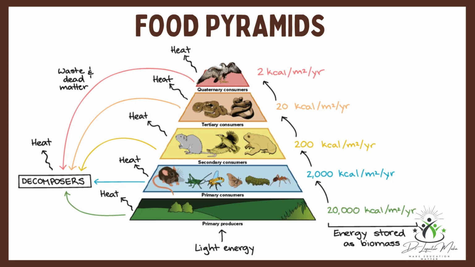So now if we were to look at this pyramid, you can see it looks like those pyramids that we see in Egypt. Some of us only see them in pictures, but some of us have been there and have seen them. So a pyramid is a pyramid, guys. Most trophic levels can be presented in this kind of diagram that looks like a pyramid.